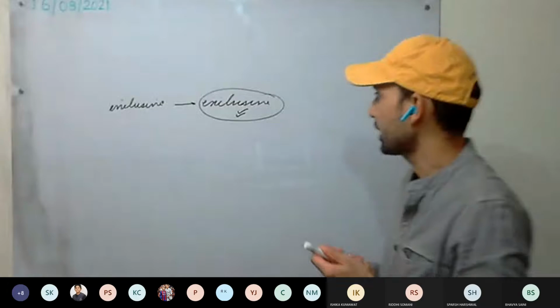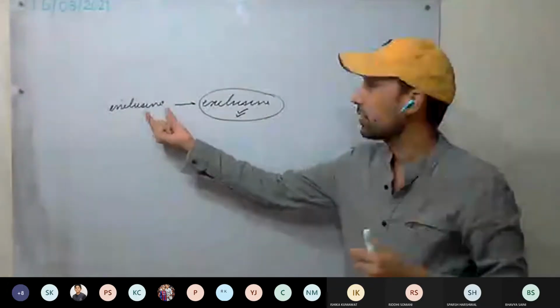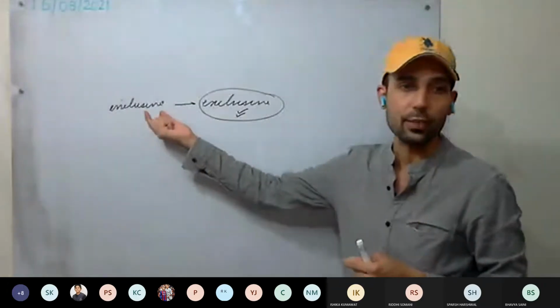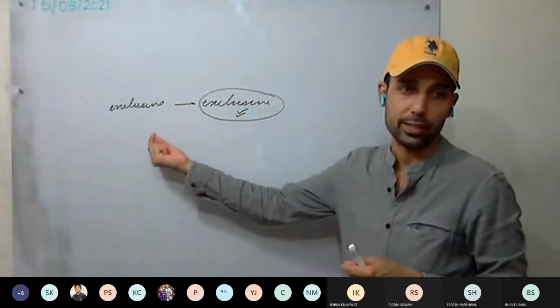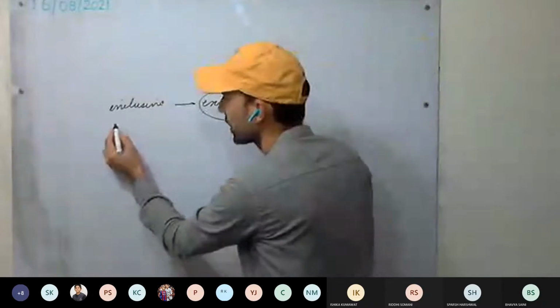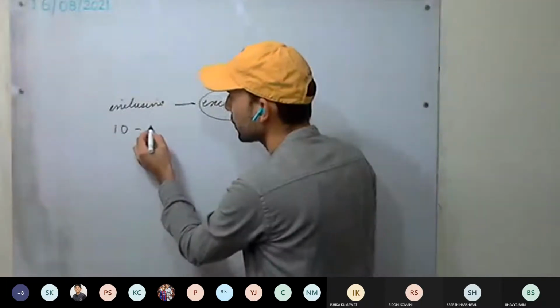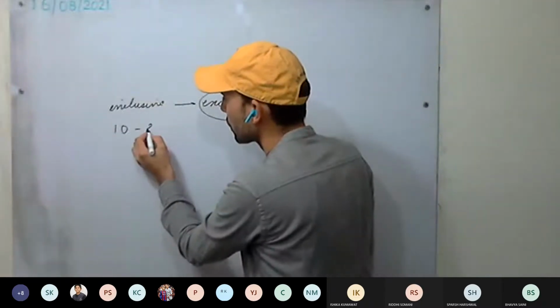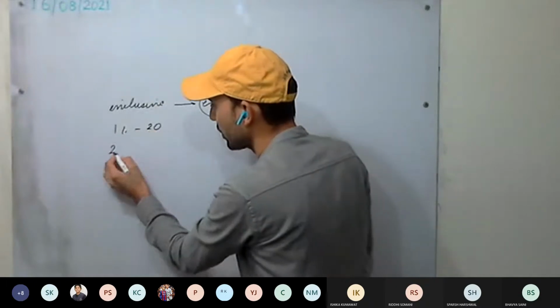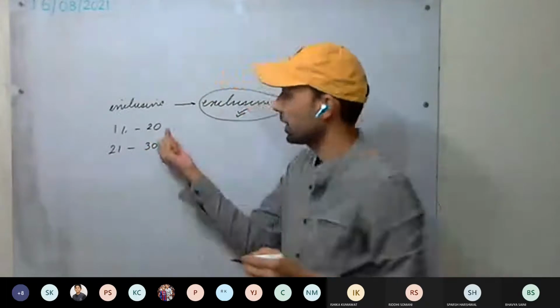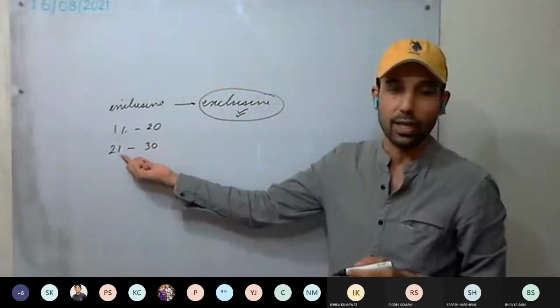I will again recorrect. So we have already learned that if the class intervals are inclusive, we can convert them into exclusive by adjusting the class intervals. So if this is the class interval, for example 11 to 20, and next is 21 to 30, these are inclusive class intervals.